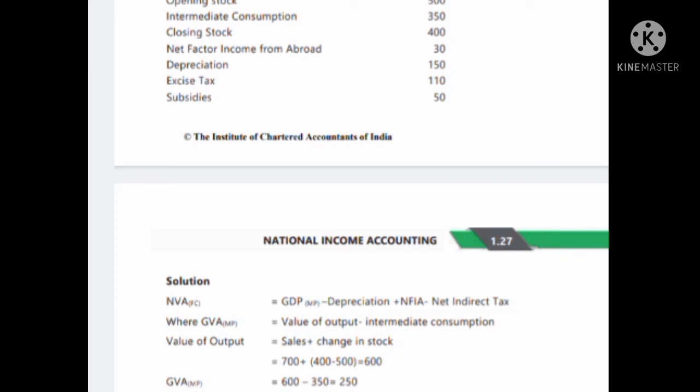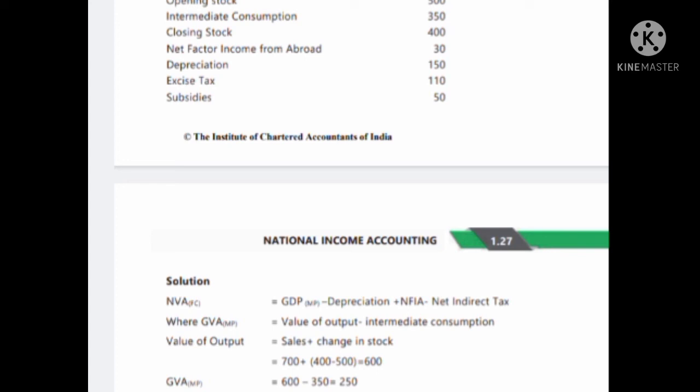So GVA at market price is 600 minus intermediate consumption of 350, which is already given in the question. Subtracting 350 from 600 gives you 250, which is your GVA at market price.